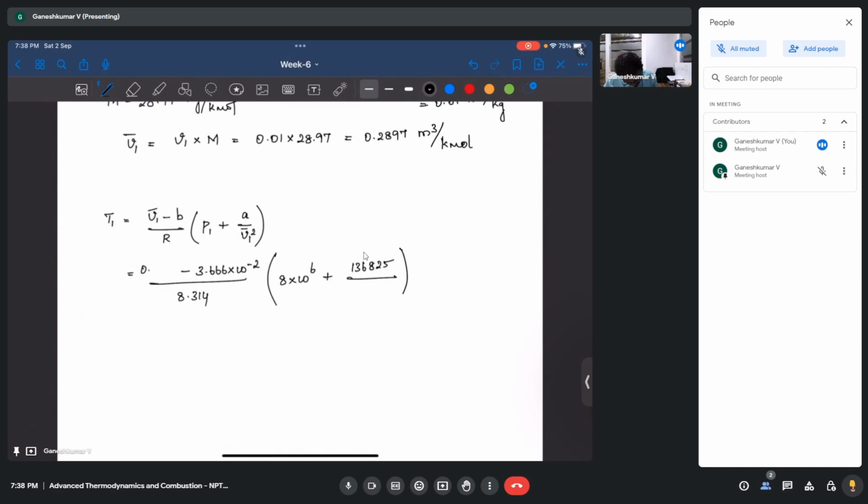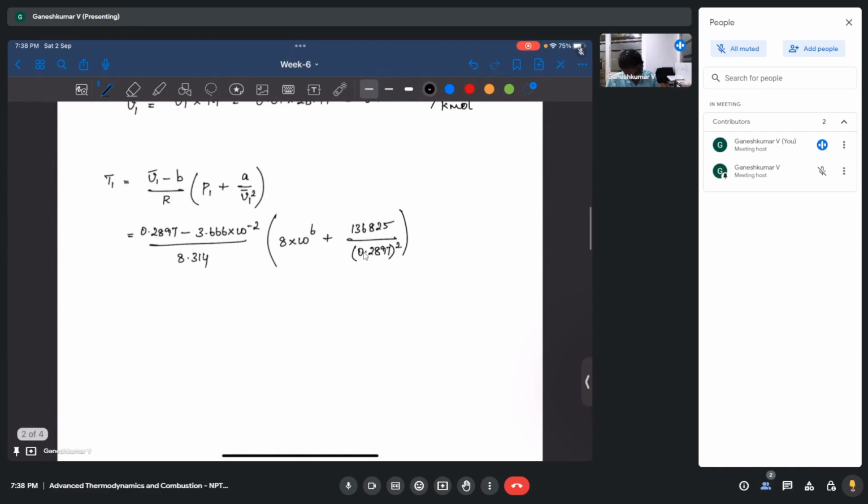Anyway, 0.2897 in here also, 0.2897. Everything is in terms of kilomole basis, so now it shouldn't create a problem. Let me see. 0.2897 minus 3.66 into 10 power minus 2, divided by 8.31.